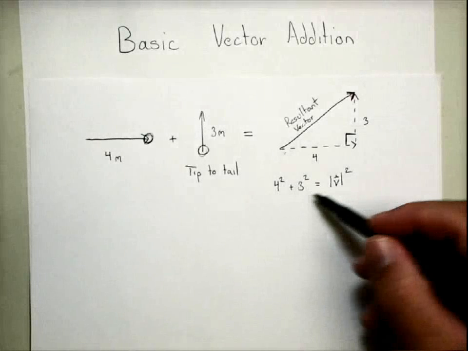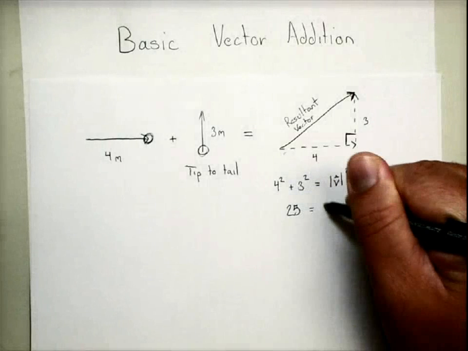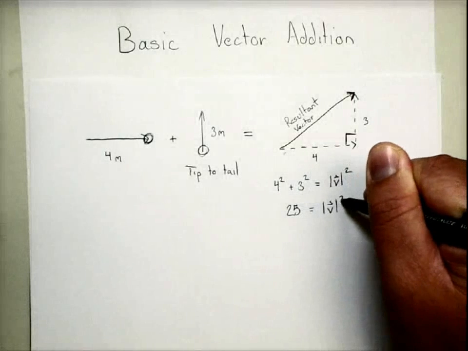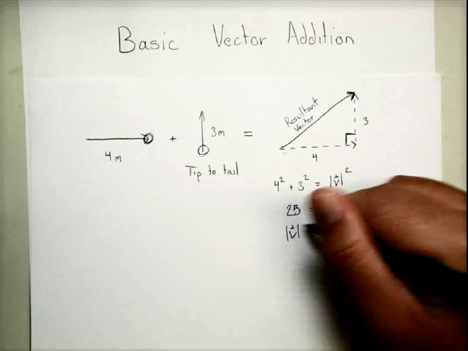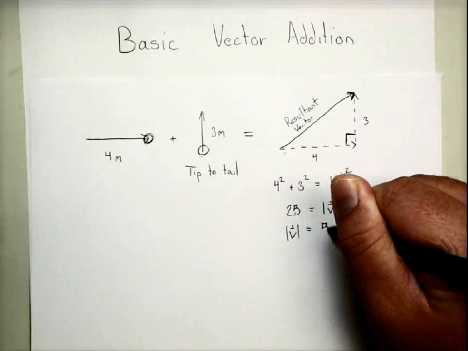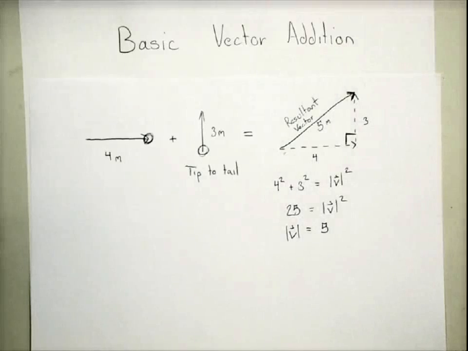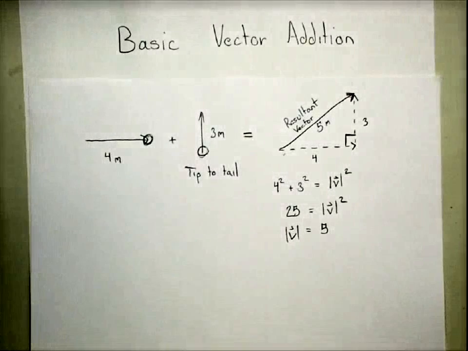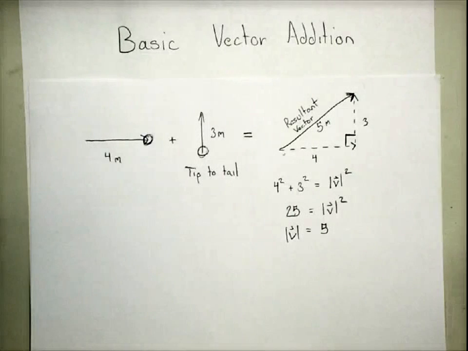So 4 squared is 16, 3 squared is 9, so 25 is the magnitude of my resultant vector squared. So you can see that the magnitude of this will actually be 5. So this would be a 5-meter displacement, and it would be up and to the right. You could also call that northeast if you wanted to.